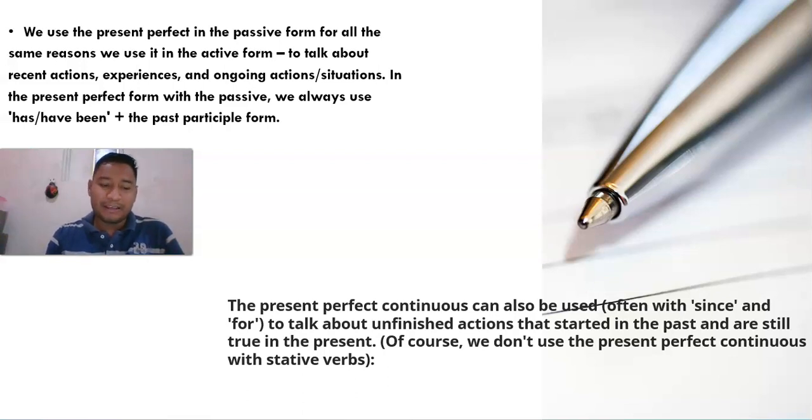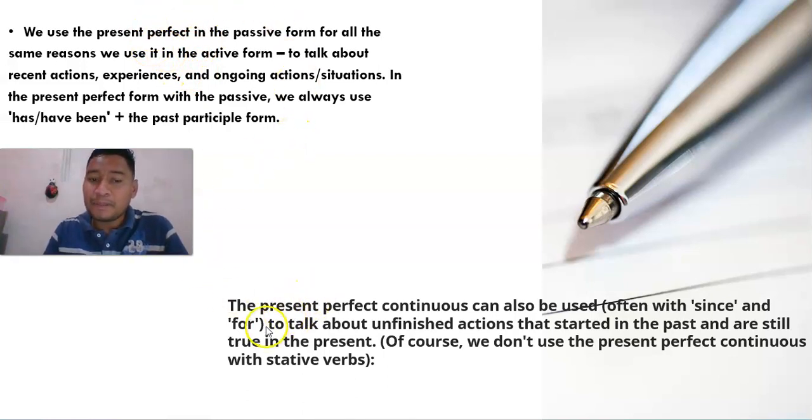We remember that for I, you, they, and we, we use the auxiliary have. For the pronouns he, she, and it, we use the auxiliary has. Okay, we always use it plus the past participle form. Okay, this is the present perfect in the passive voice.